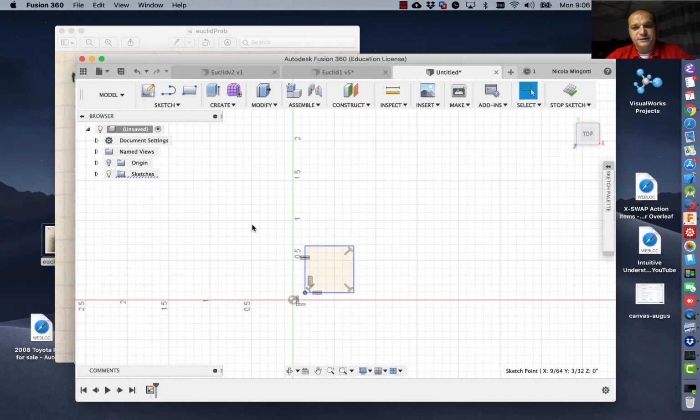Let's build another square. Okay, line. Line.